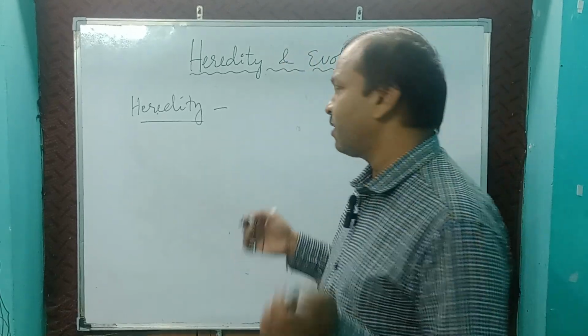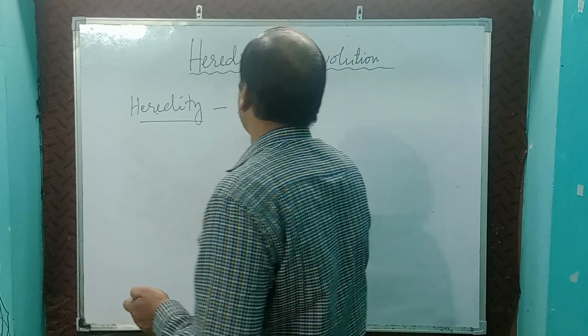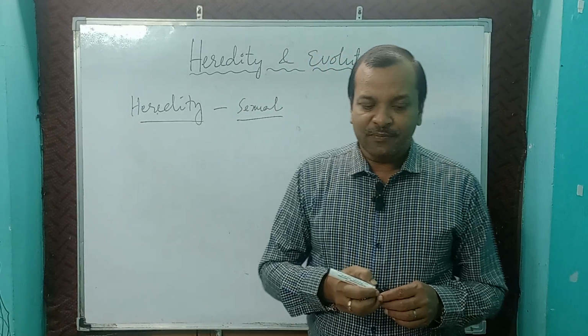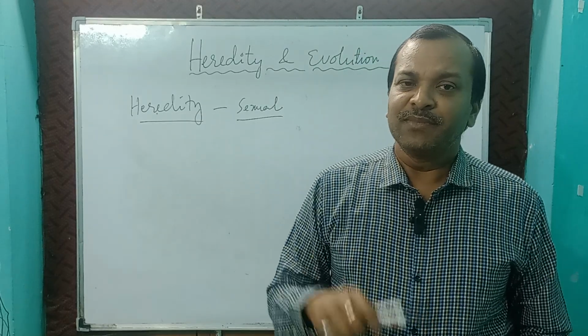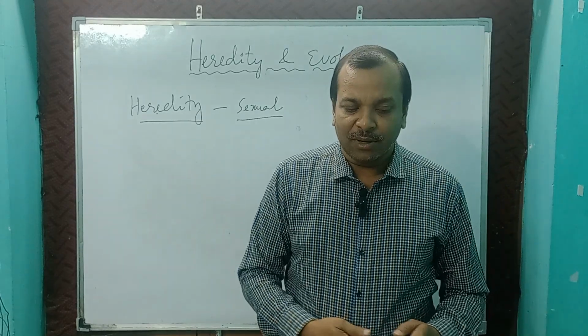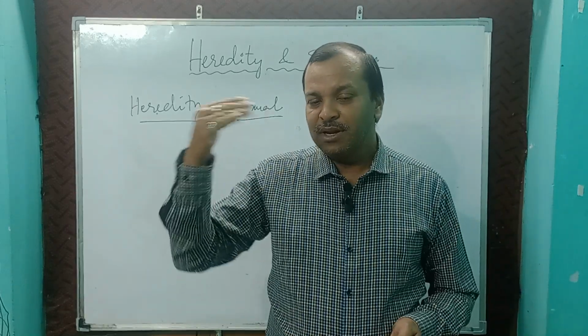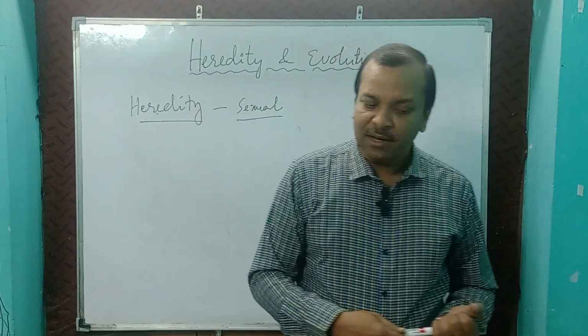Variations can occur in sexual reproduction, not in asexual reproduction. Is it clear? In sexual reproduction it is happening. All variations will accumulate very slowly to the next generation. Clear?